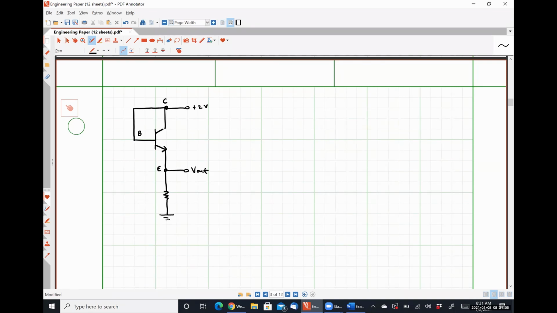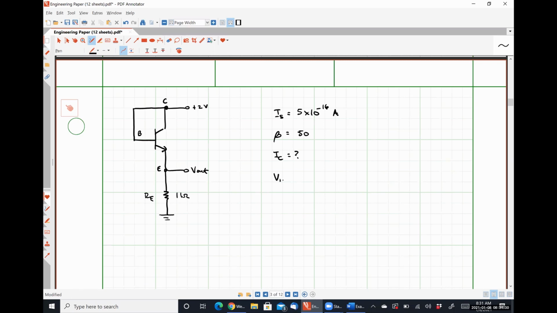This is RE. Let's make it still a 1 kilo ohm resistor. Let's say that IS is 5 times 10 to the minus 16, and beta is equal to 50. We want to know the same quantities.